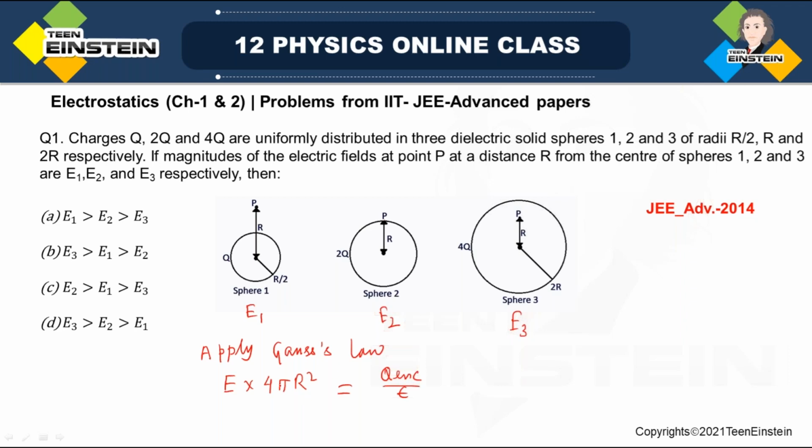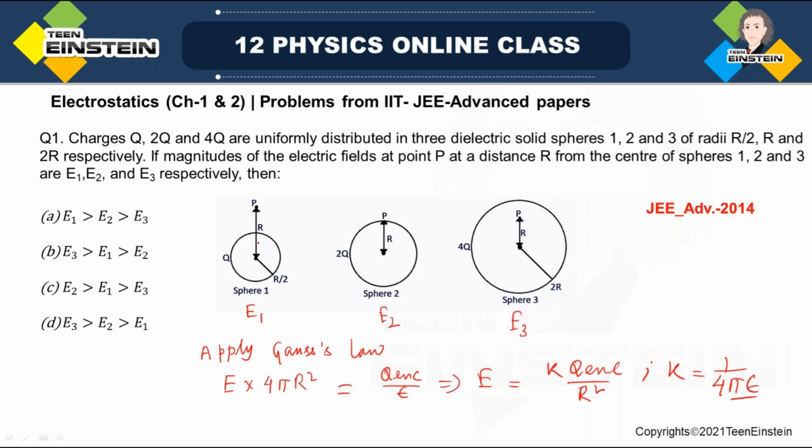So we can write further E is equal to K Q enclosed by r square, where K is 1 by 4 pi epsilon naught. This is the constant K.